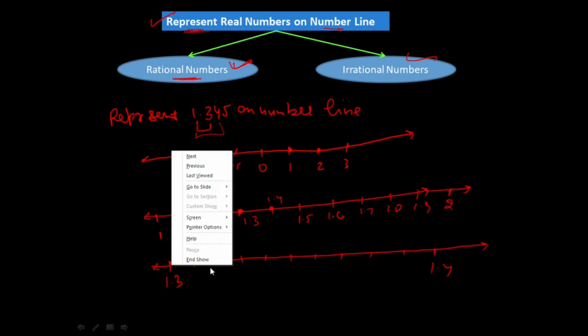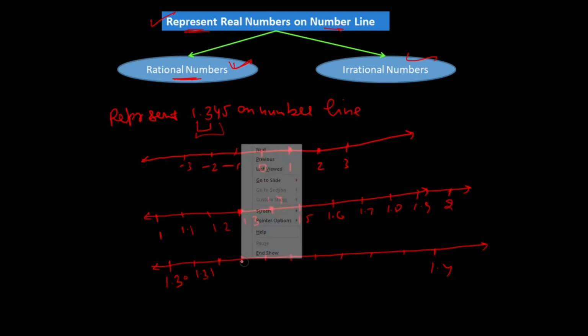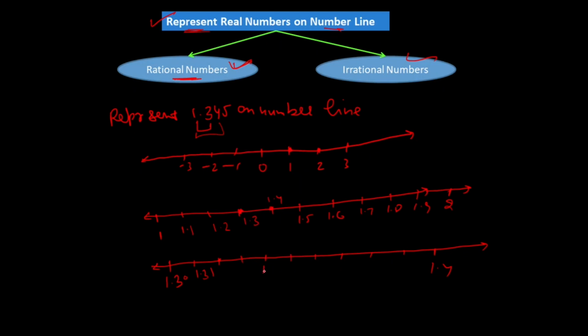What will be this number, my dear? 1.31. Why? Because this is 1.30, isn't it? Nothing is after 3, so I can assume this is 0. This value is 1.31. This value will be 1.32. This value will be 1.33. This value will be 1.34.